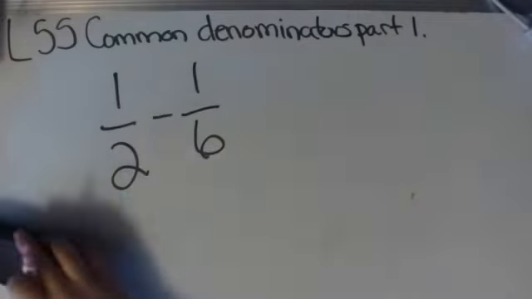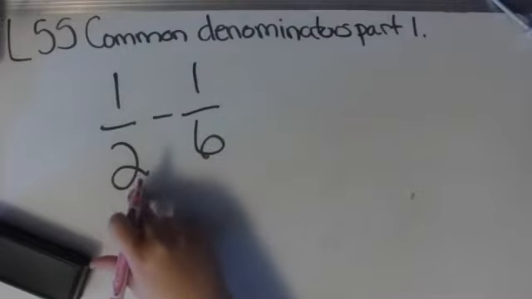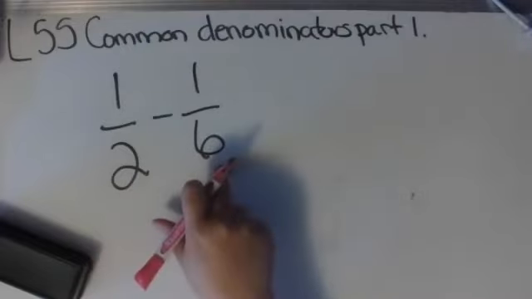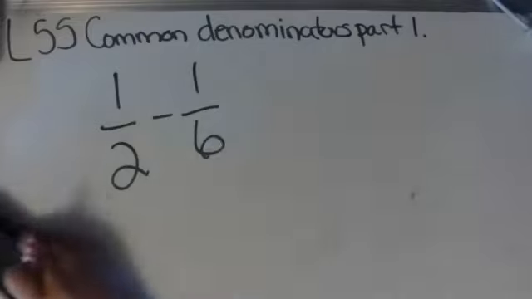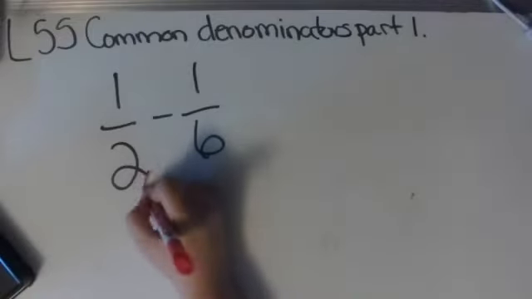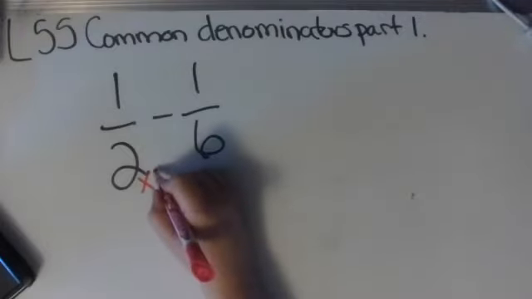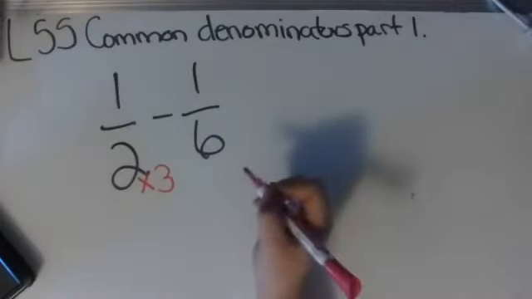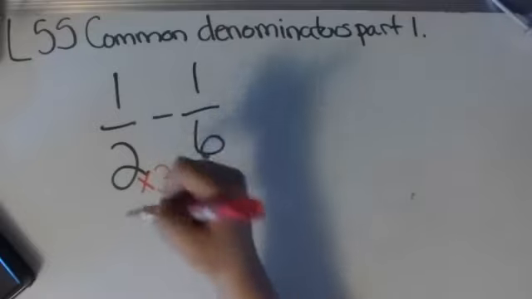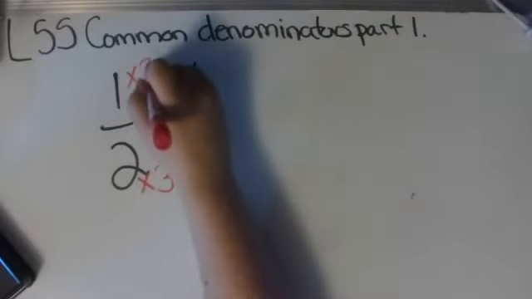Okay, so in that case, what I need to do is instead I'm going to take the 2 and I'm going to get it up to the 6. Okay, I need to match 2 to 6. So I'm going to take 2, and what do you times 2 by to make 6? You times 2 by 3 to make 6, which means I did it to the denominator, I must do it to the numerator.